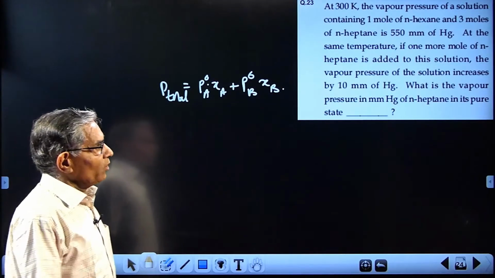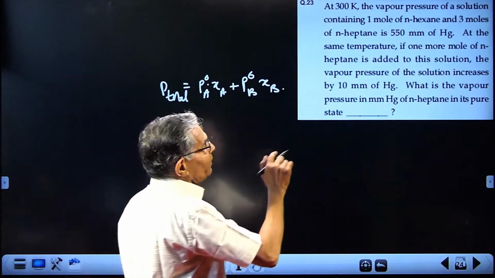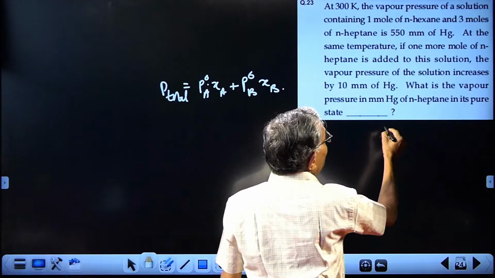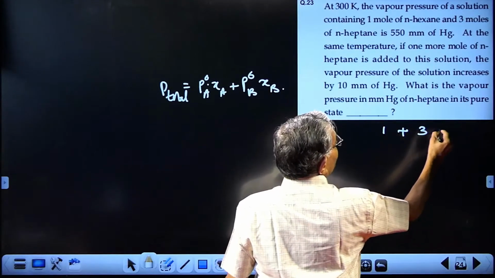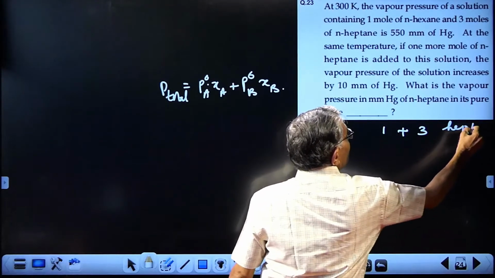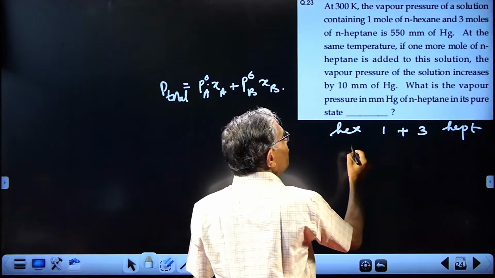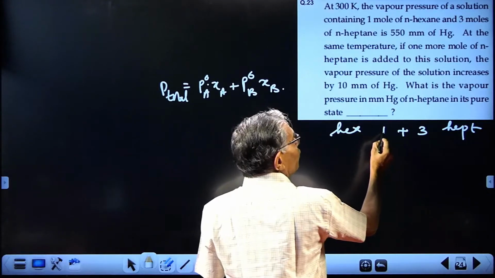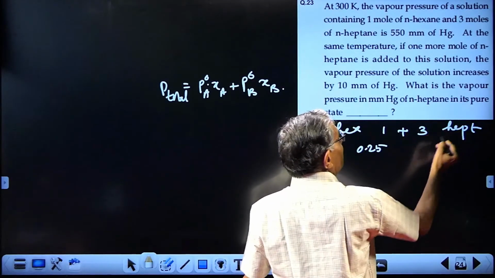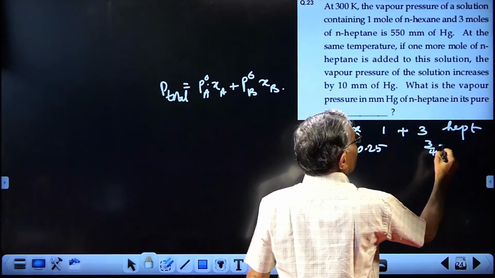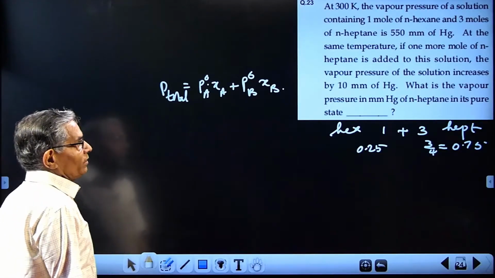Now you have got two solutions here. The first solution is prepared by mixing 1 mole of normal hexane with 3 moles of normal heptane. This is heptane, this is hexane. That means the mole fraction of hexane will be 1 by 4, 0.25, and the mole fraction of heptane will be 3 by 4, 0.75. So write down the equation.